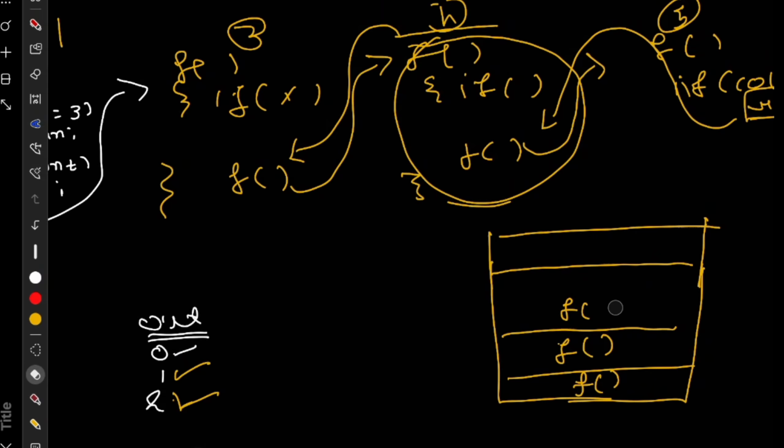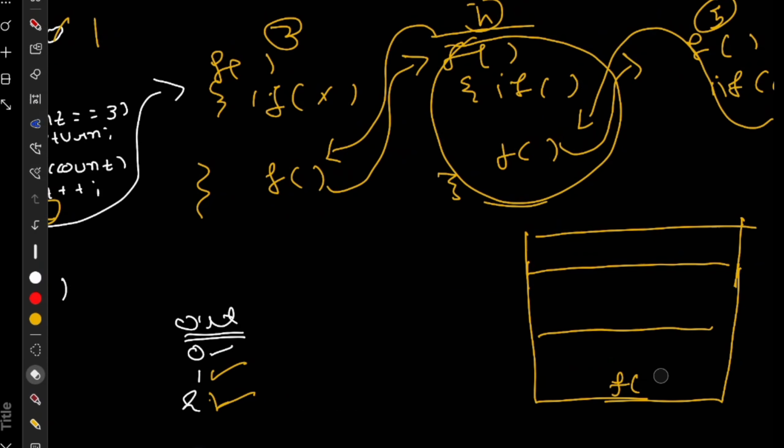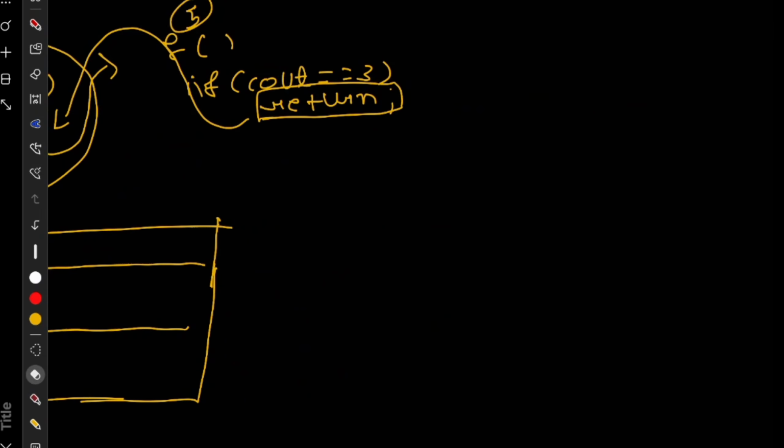Same way, the third time function moves from the memory, then the second time, and at the last the first time function moves from the memory. That is how recursion of this full function works in stacks. This condition at which recursion stops is called the base case.